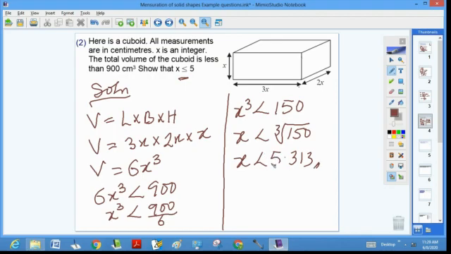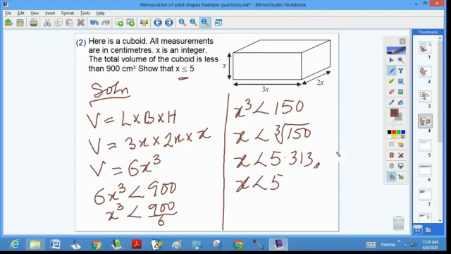So from here you can see that what we get agrees with the range of x as given in the question, because we are given that we should show that x is less than 5.